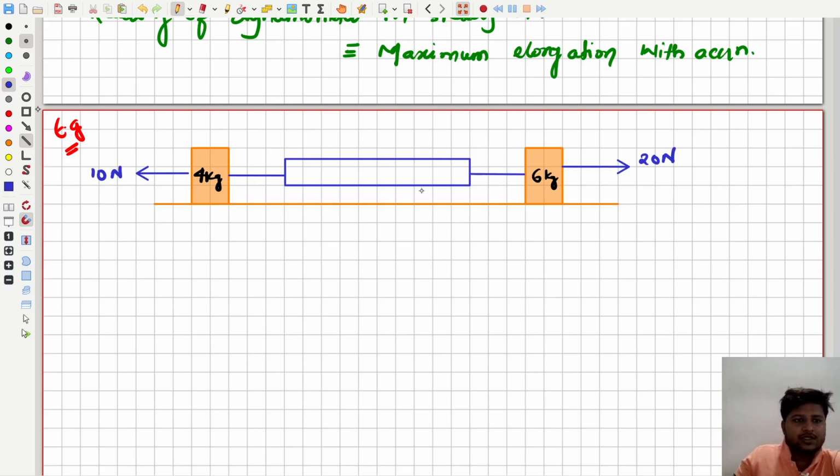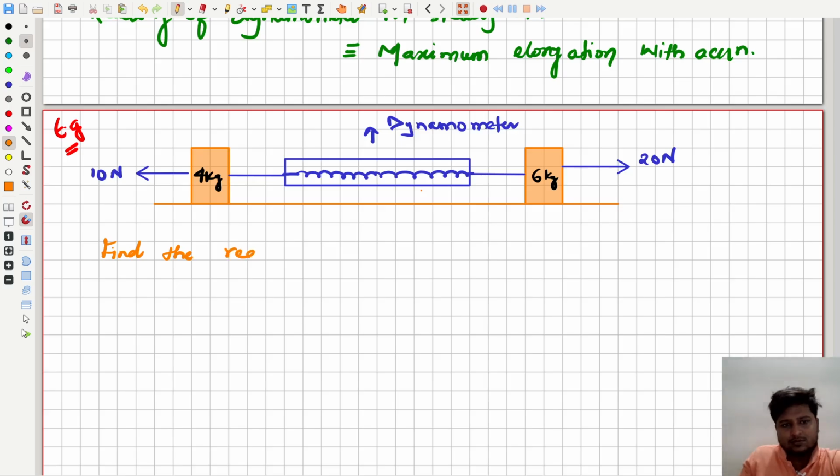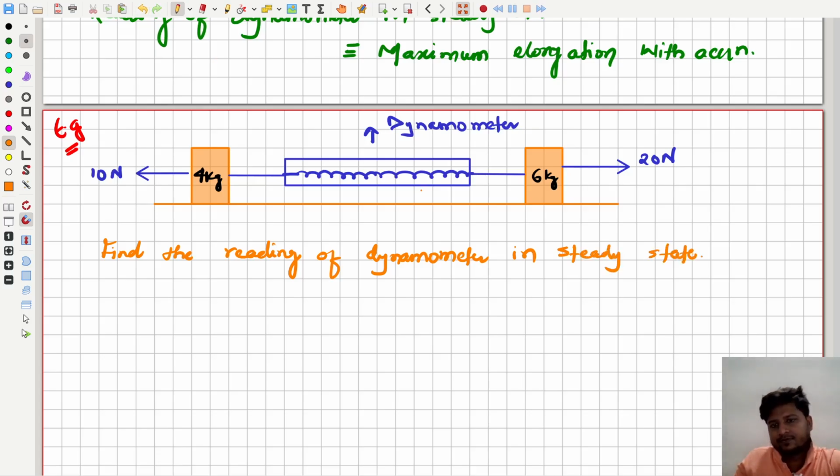Okay, they are asking you the question: find the reading of dynamometer in steady state. So this is called as dynamometer. Find the reading of dynamometer in steady state.